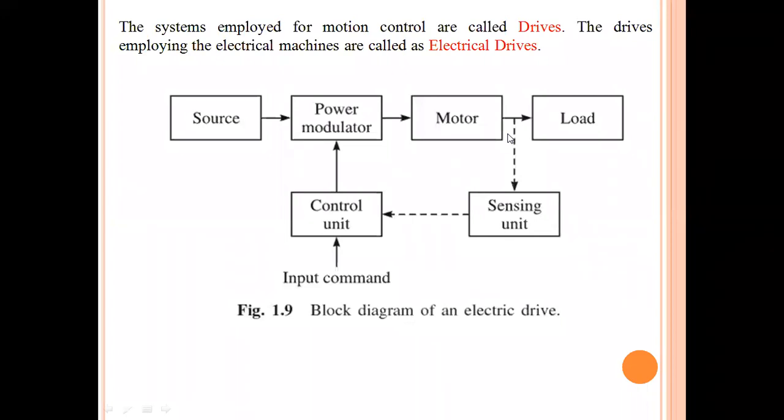After some time, when it is running at 60 or 70 kilometers per hour, the torque is low but the speed is high. So the torque and the speed are going to change from time to time and application to application. So this is the importance.